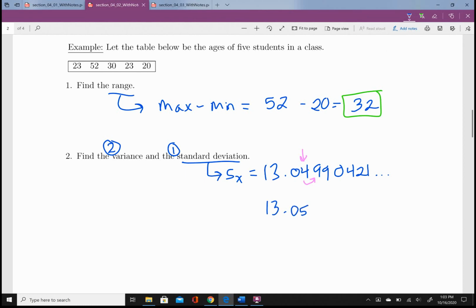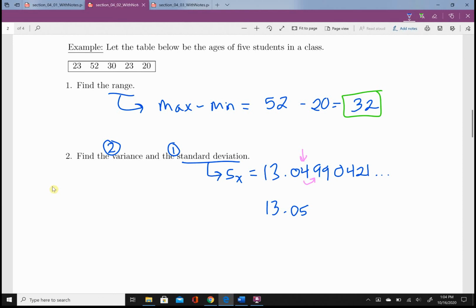Now take this number, or as much of the number as you possibly can, and then square it. So what I'm going to do now is second quit, and I'm going to take 13.04990421. Yes, I'm going to take as much of the decimal expansion as I possibly can, and then raise it to the second power. Because squaring your standard deviation gives you your variance, okay?